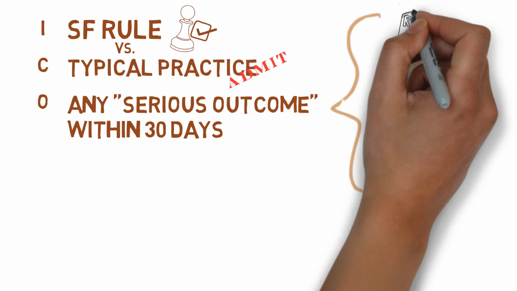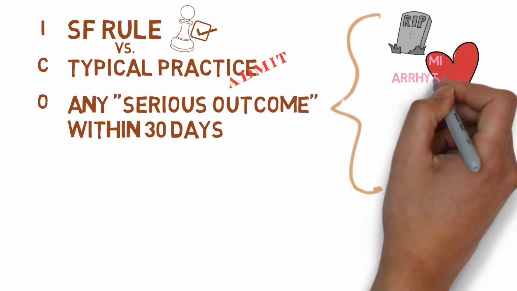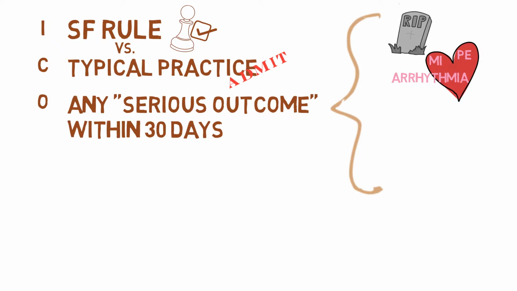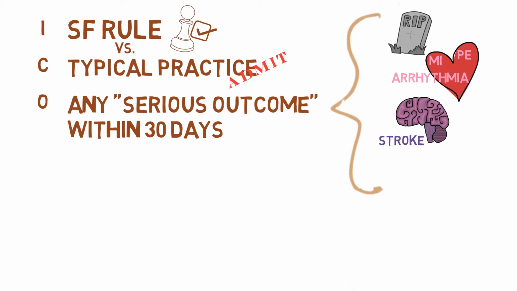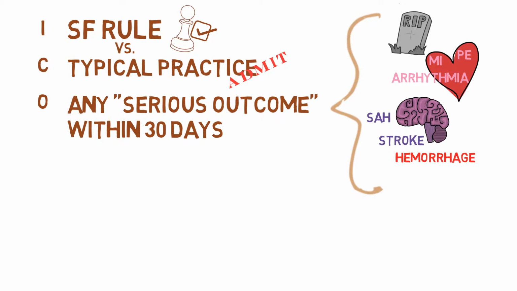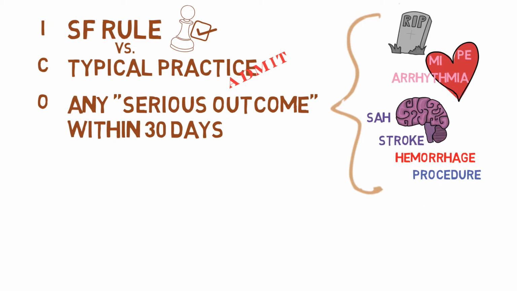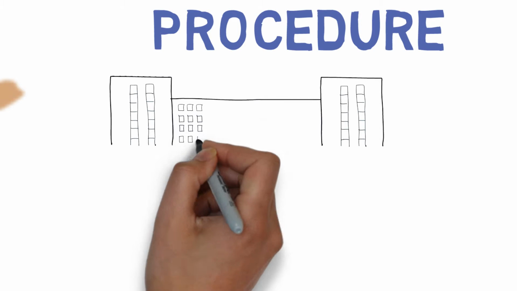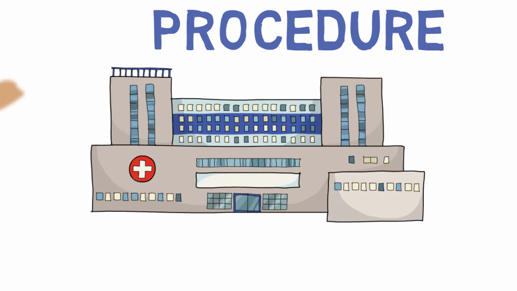These outcomes included death, cardiac events such as MI, arrhythmia, and PE, neurological events such as stroke and subarachnoid hemorrhage, anemia or hemorrhage requiring transfusion, having a procedure to treat something likely to have caused the syncope, and finally, a subsequent hospitalization or readmission within those 30 days for the same or similar symptom.